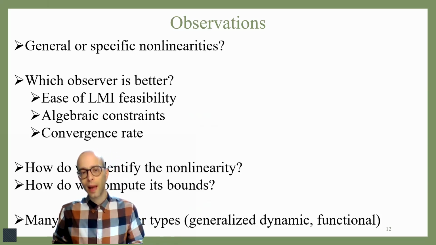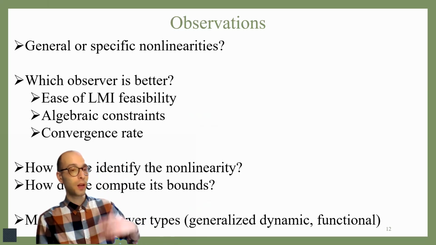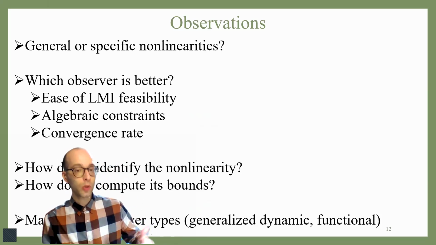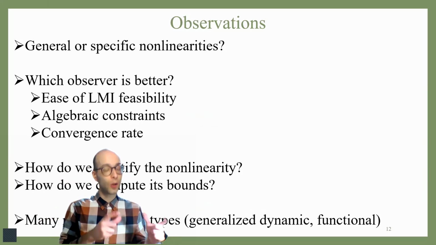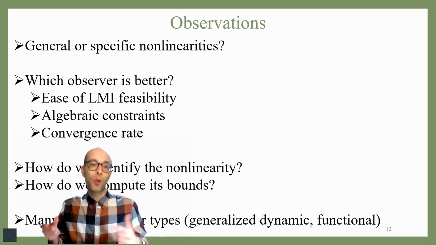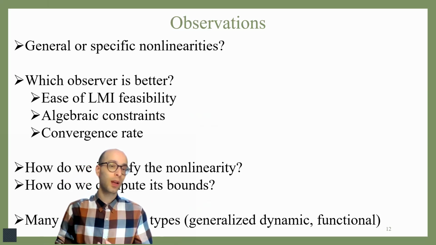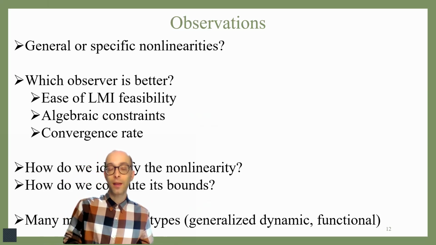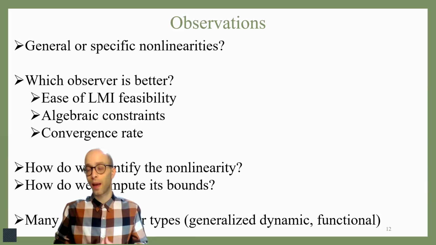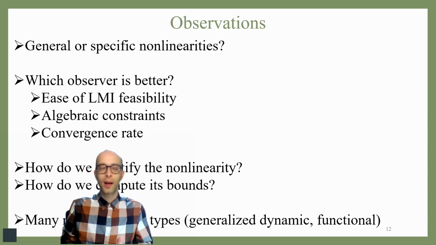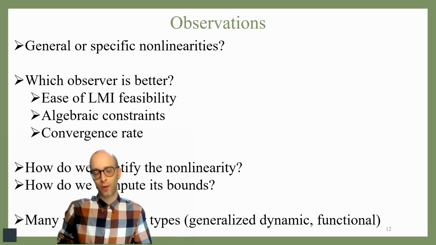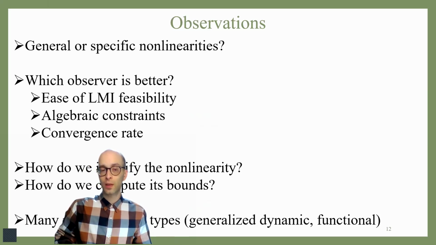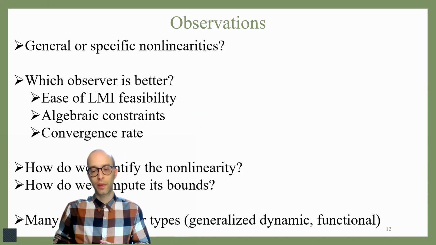The other condition is algebraic constraints, because in many LMIs and in many observer design problems, we usually have a collection of algebraic conditions that need to be satisfied in order to derive the LMI. So again, some algebraic constraints are very, very easy to satisfy. Other algebraic constraints are extremely hard to satisfy, actually. So again, this is an issue when having an LMI whose derivation is based on some algebraic constraints. And as I told you, the convergence rate is another condition for observer design.